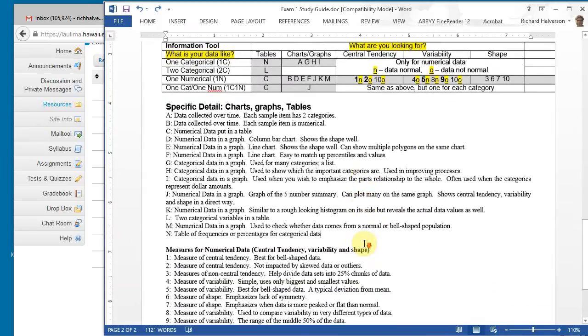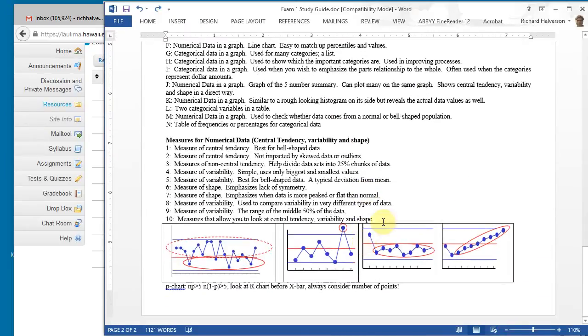The other thing that's very valuable on this page here is these are the 4 rules for determining if a process is out of control. And it basically reminds you of them. This is actually rule 4 here, and this is accumulation of 8 or more above or below the mean.